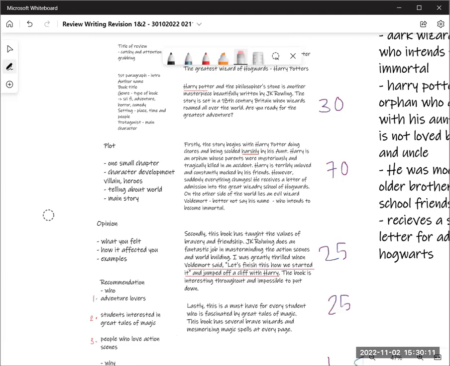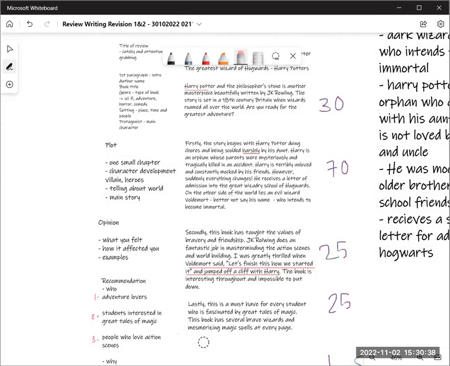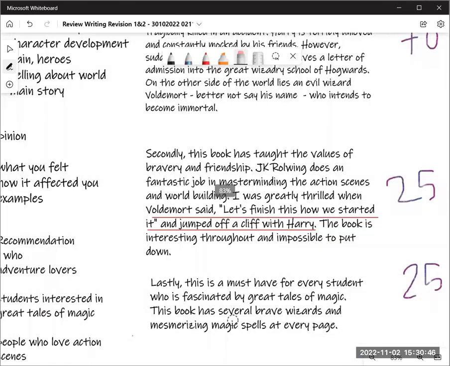Then Rania, continue. And then we'll do the opinion, what you felt and how you were affected with examples, and recommendation to people who you think would like the book, and why. So we must give a reason why and who you're recommending it to.